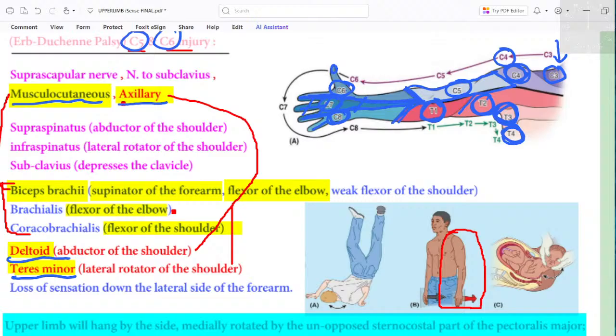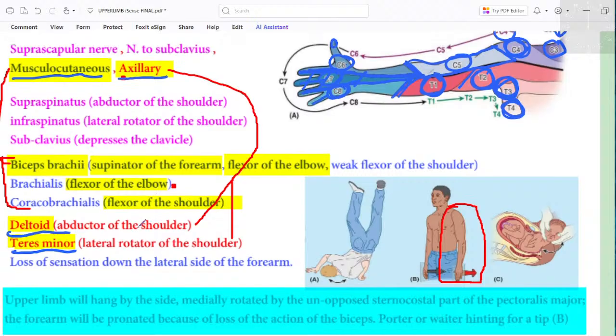So the axillary nerve supplies one big muscle, one small muscle. Big is deltoid and small is teres minor.